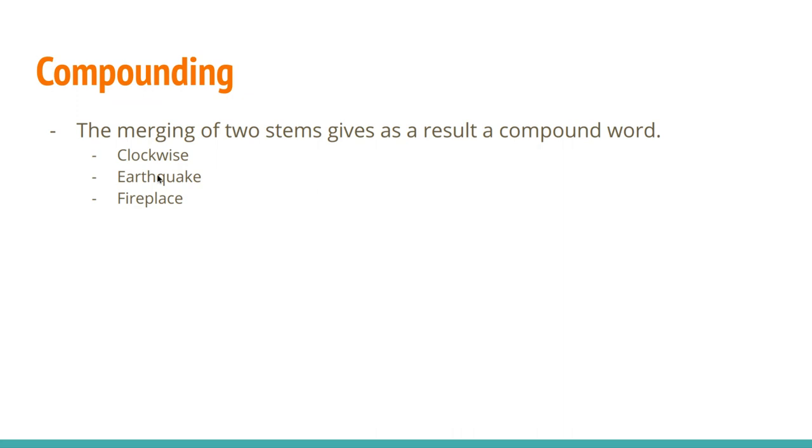Earthquake is made up of earth plus quake. Fireplace is made up of fire plus place. Most of the times, these compounds will result in a noun, or in this case, an adverb. But the idea behind this process is that by taking two stems and combining them, I get as a result a compound word, a new word, which does not reflect the meaning of the constituent words individually.